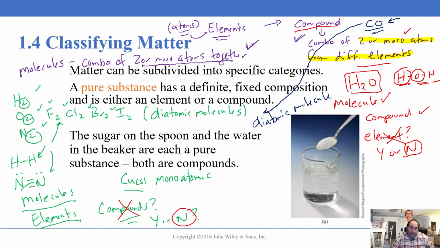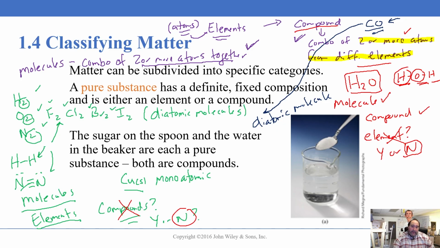So let's talk a little bit about how matter is divided. Now, a pure substance is something that basically has a definite and fixed composition. It's either an element or a compound, and it's basically just that substance by itself.